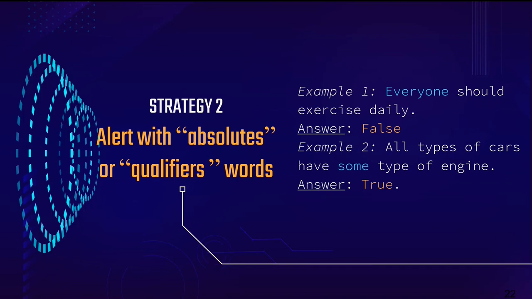Examples of such words are never, none, always, only, every. These words tend to make a statement false, but not always. Qualifiers such as some, few, often, many, frequently limit meaning, thus allowing exceptions and possibilities that can make a statement true, but not always.